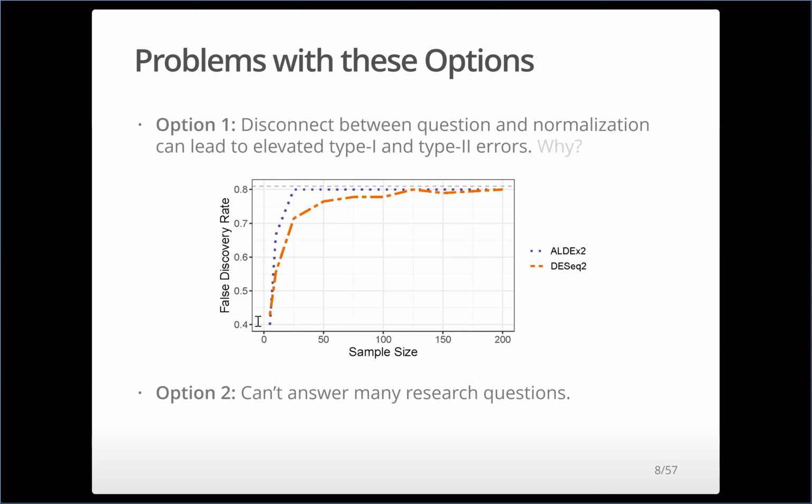And so in this graph up here, we're basically showing that ALDEx2 and DESeq2 can have this problem of unacknowledged bias. They have elevated false discovery rates as you have more sample sizes. And it's basically a product of the normalization that it's making. It assumes with complete certainty some statement about the system scales, and that statement's often wrong.